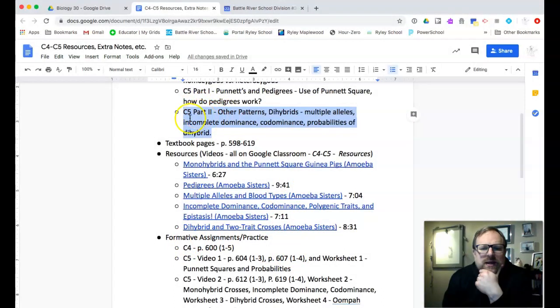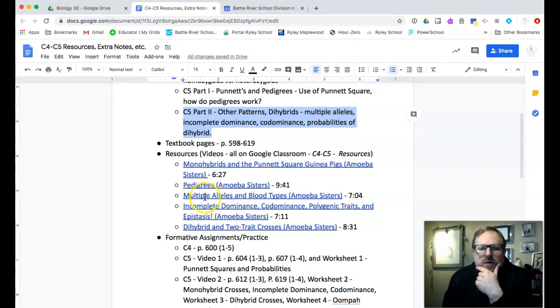This is our second video in C5, and we're going to be looking at other patterns of inheritance, which includes situations of multiple alleles, incomplete dominance, codominance, and then the probabilities of dihybrid crosses, and we'll talk about what a dihybrid cross is. We're still working through this range of textbook pages, and we're going to have a series of videos associated with this.